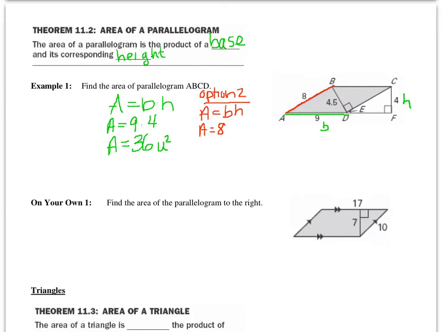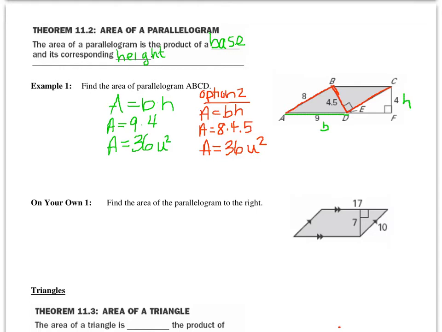Now I know this is a parallelogram, so these 2 red sides are parallel, and then this would be the height that is perpendicular to my bases. So 4.5 would be my height if I'm using the red base. So my area equals, if you do 8 times 4.5, you're still going to get 36, and we're still going to say units squared. So notice, depending on what my base is, my height changes. And either way, though, I still get the same answer.